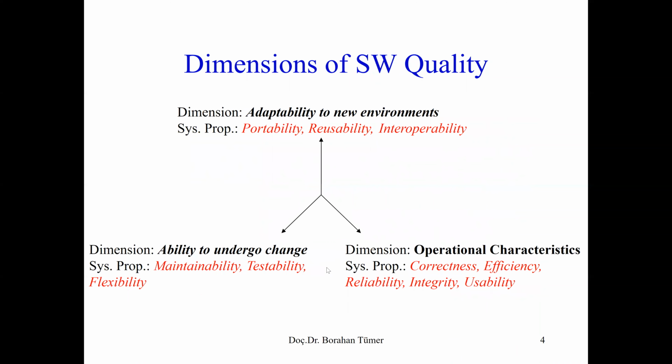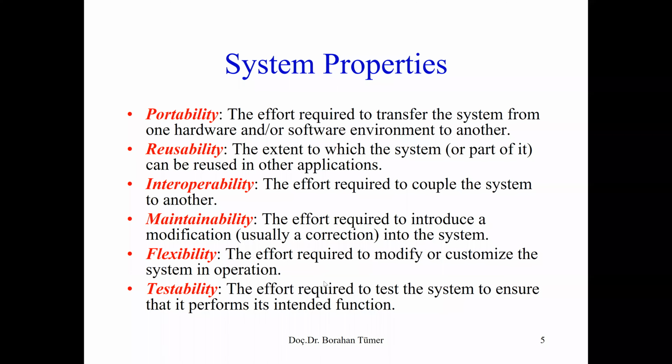Well, here, for example, let's see. In all of these, maintainability, flexibility, testability, I'm giving this discussion as an example of the dimensions of software quality. I take this second dimension, which is the adaptability to undergo change. You see these three: maintainability, flexibility, testability.